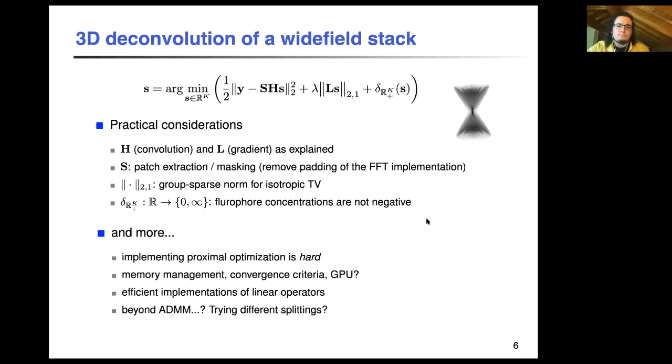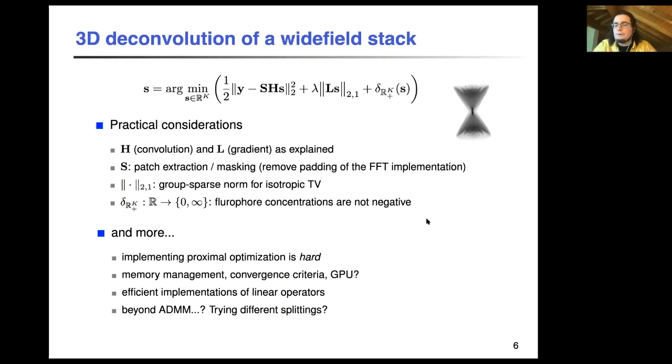So practical considerations, again, implementing proximal optimization is hard. There are many things that you may want to do, like optimize memory management, implement different convergence criteria, have code that is portable to the GPU. So imagine that you're starting to prototype this and you take a smaller piece of the volume and you're trying to deal with it.